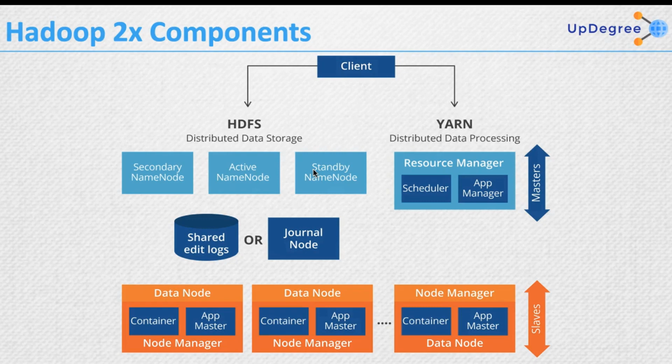But with the introduction of high availability, even if one of your masters, like your active name node, fails, you still have another one available to take over, which means these two, the active and the standby name node, are in sync with each other. So when one fails, the other comes up, and by the time you can fix the first one, you have a high availability environment available for you, right?